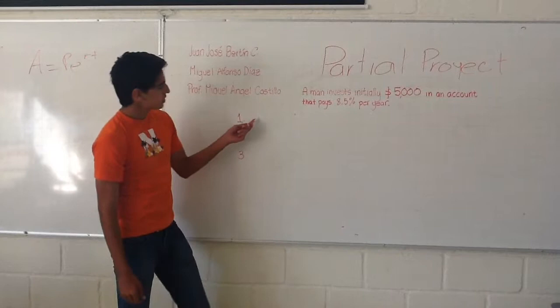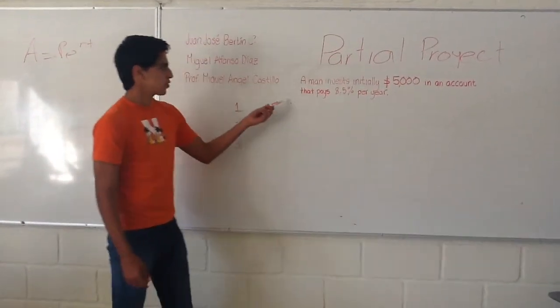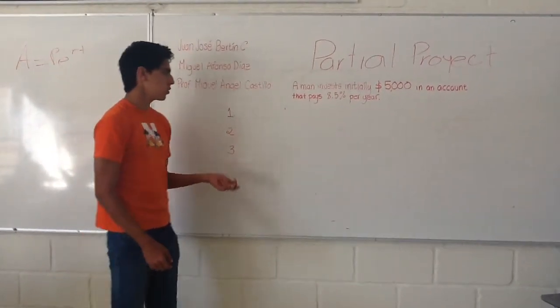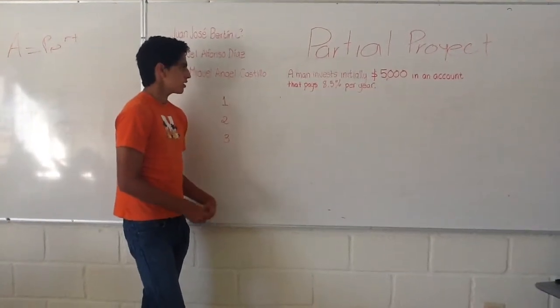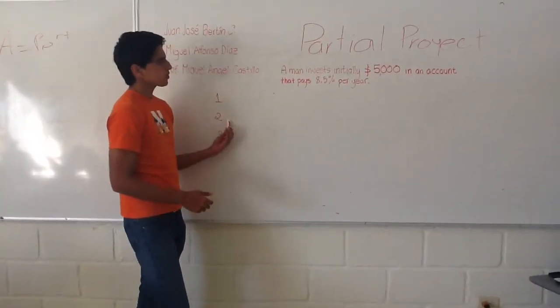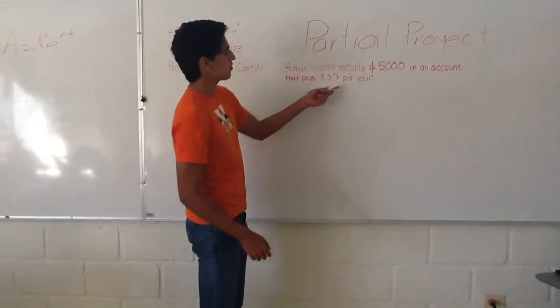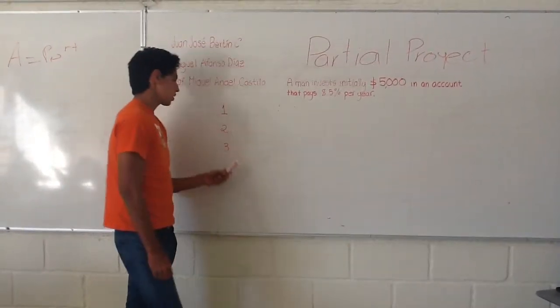First of all, we need to read the problem so we can know what they are asking us to solve. Then we accumulated all the data, that in this case would be the 8.5 and the 5,000.